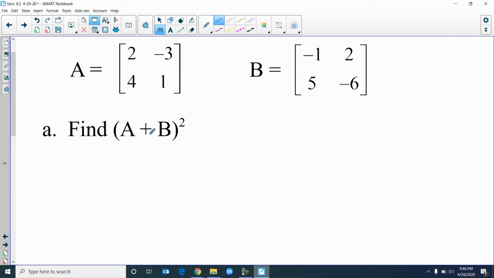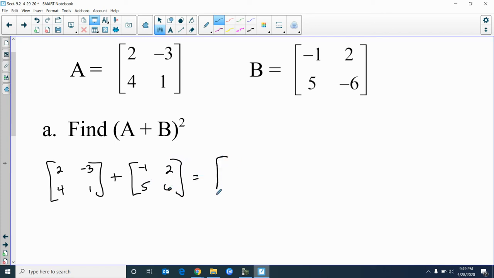I have to add those together. And now, so I got 2, -3, 4, 1 plus -1, 2, 5, 6. And that's going to equal 2 plus -1 is 1.